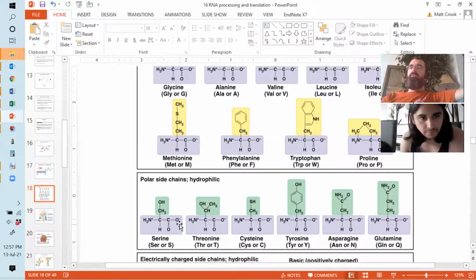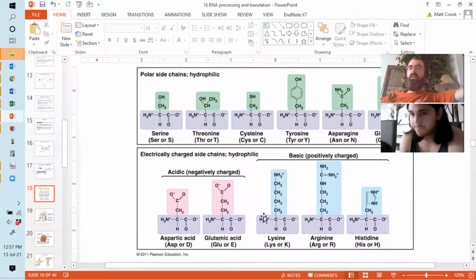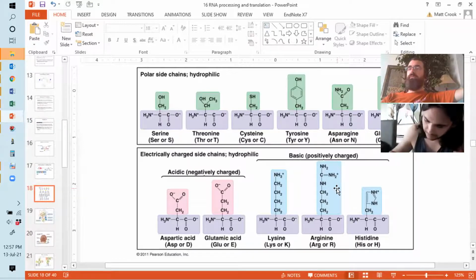These can form hydrogen bonds with water, so they're hydrophilic. And then down here, you have different charges, either because they have carboxyl groups at the end, the same COOH but the H dissociates, or amine groups that can attract protons.